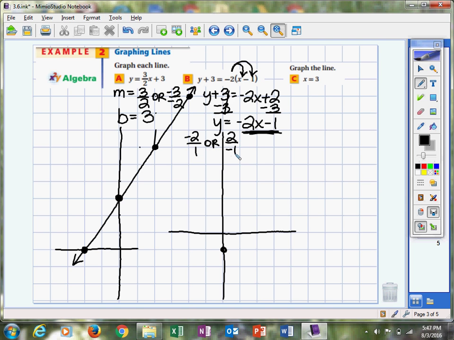It matters not. They both equal negative 2. So if I go up 2, I have to go left 1. Up 2, left 1. Or I could go down 2, right 1. Okay? And so yeah, I have a negative slope. It should be leaning to the left, and did a good job.